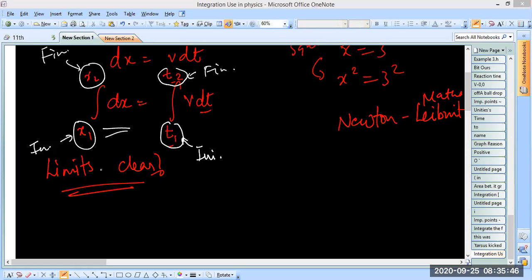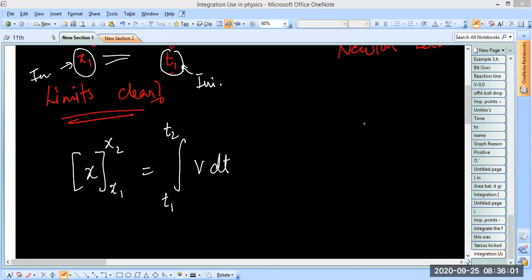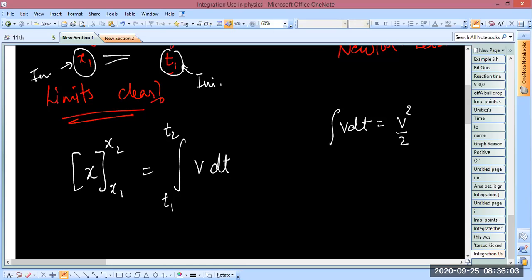So x with limits x1 to x2 is equal to, on the right side, we can't do anything. I'll tell you why. Some of you might be thinking, can't we write this like this? I'll say no, big no here. I hope you see it is not this, right?